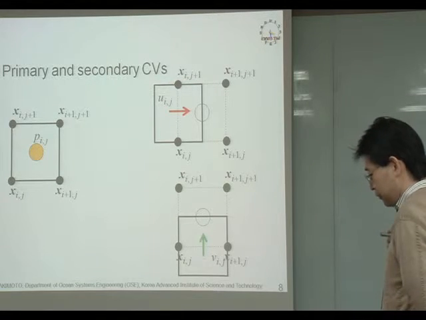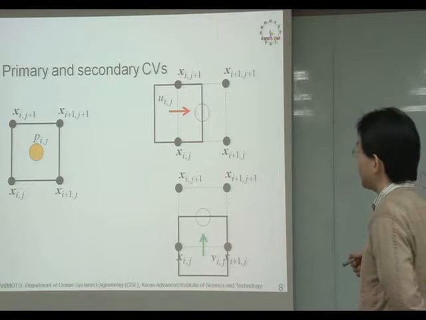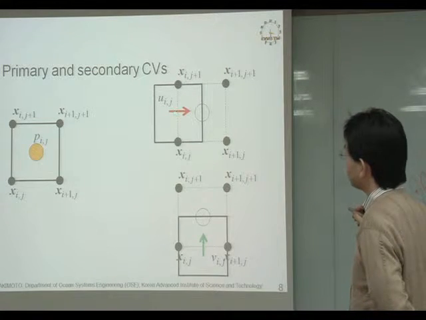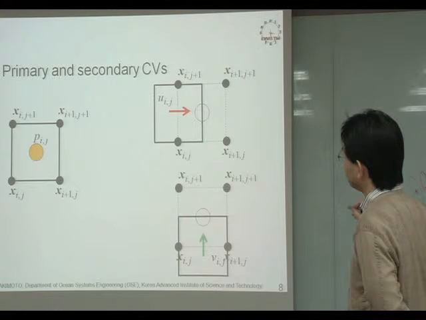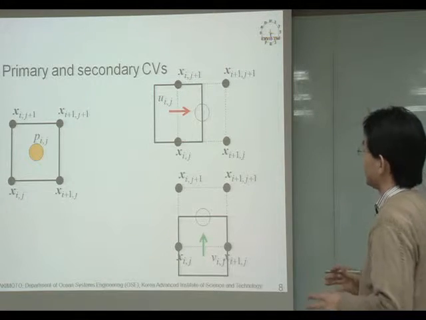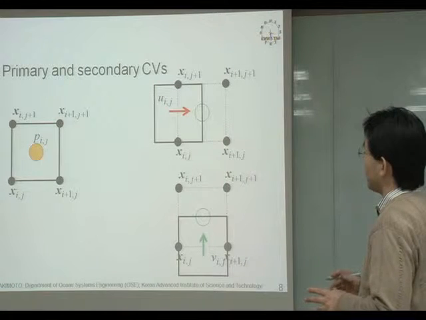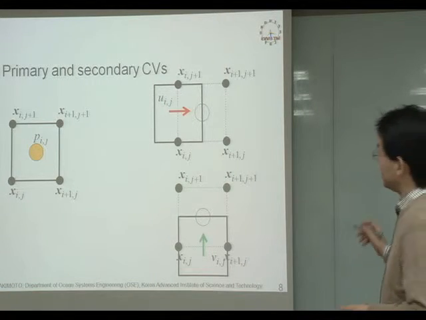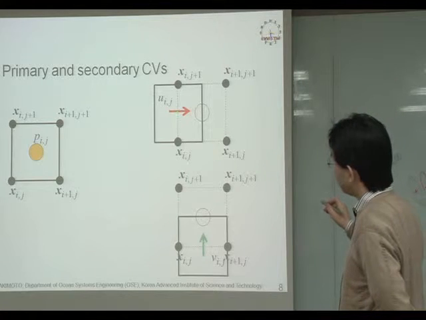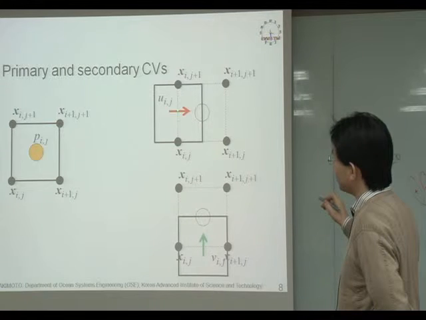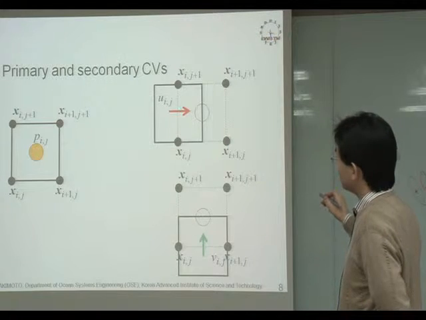If you want to use finite volume estimation, we have to consider a control volume that covers the velocity component defining point. At this point, you have the U velocity defining point.